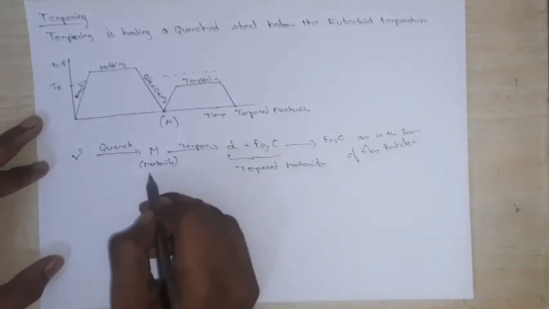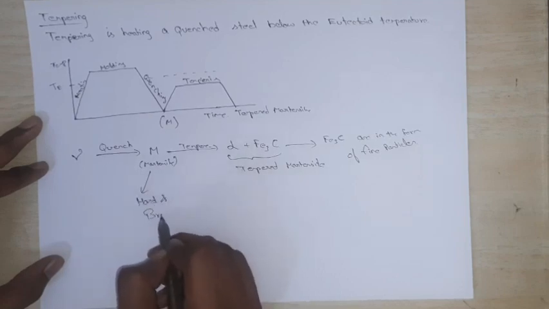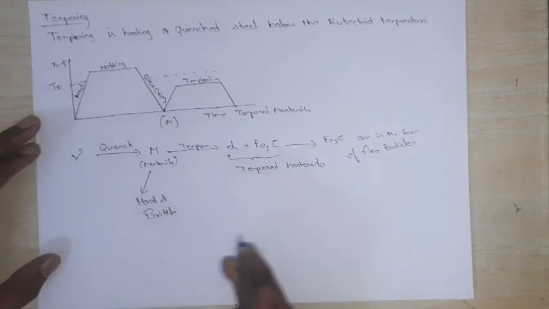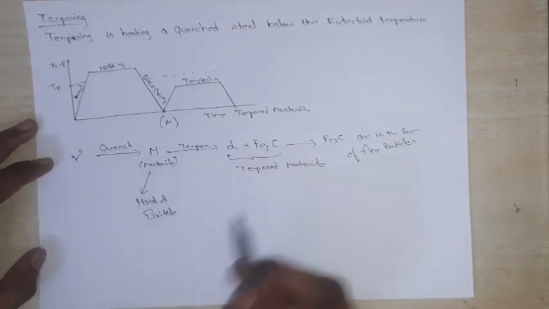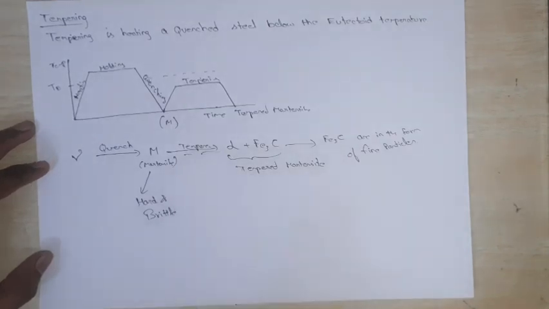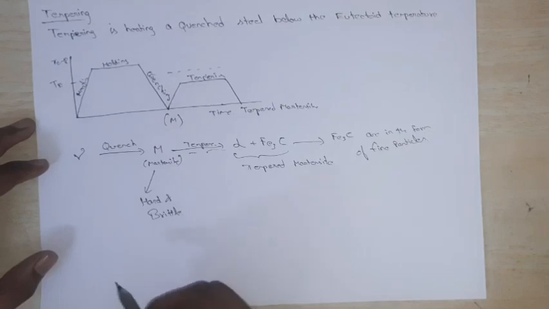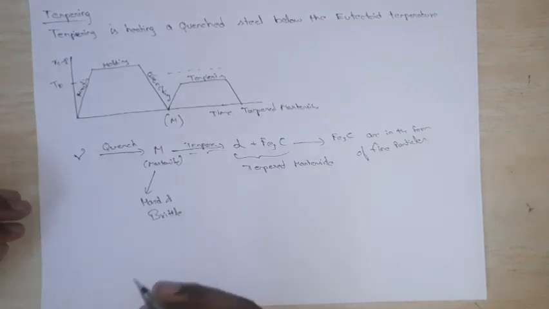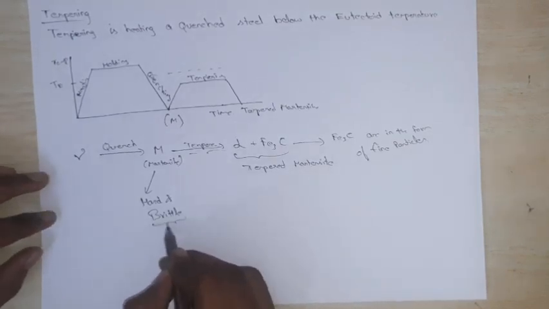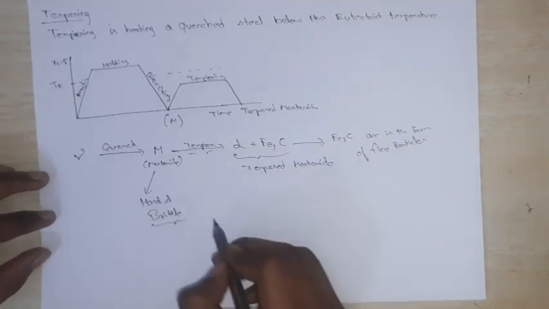Here the martensite is very hard and brittle. So what is the need to change martensite into tempered martensite? Why are we doing this process of tempering? The difference is that martensite is very hard and brittle. If we want somewhat lower hardness and want to reduce the brittleness, we do tempering and form tempered martensite.